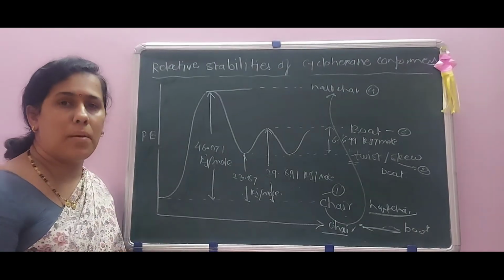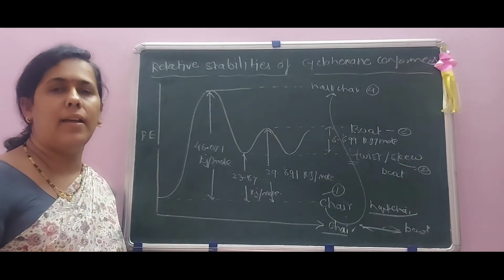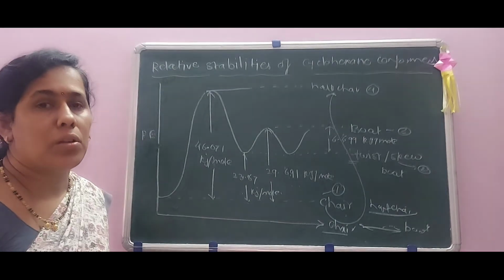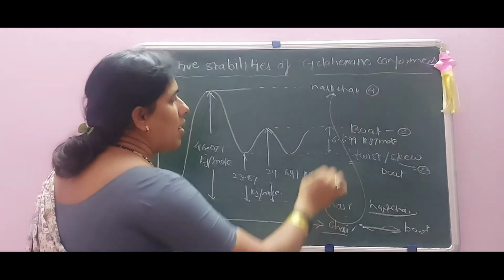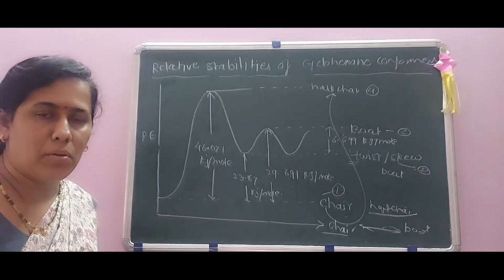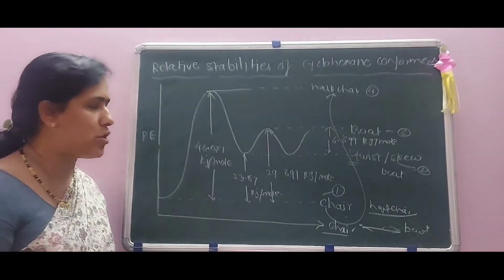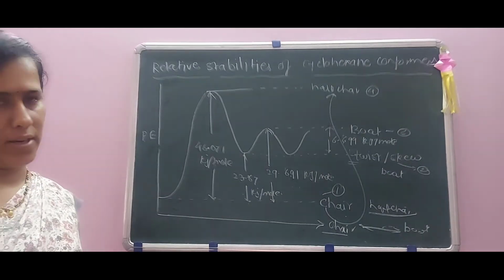At room temperature, the chair and boat forms are completely interconvertible to each other, but they can't be isolated through this. Therefore, at room temperature, all the conformers of cyclohexane are interconvertible, and thereby acquiring the higher energy gap at room temperature, the chair form is the more stable one here.